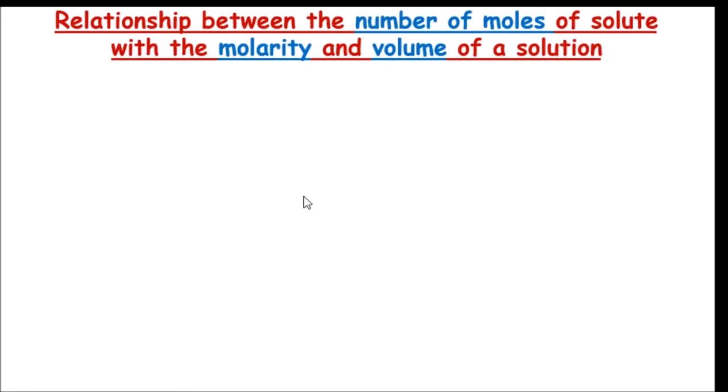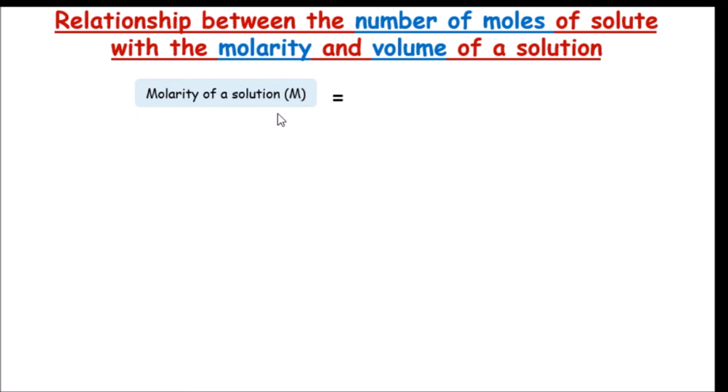Now, we are going to look at the relationship between the number of moles of solute with the molarity and volume of a solution. Molarity of a solution. Do you still remember molarity of the solution? What is its formula?